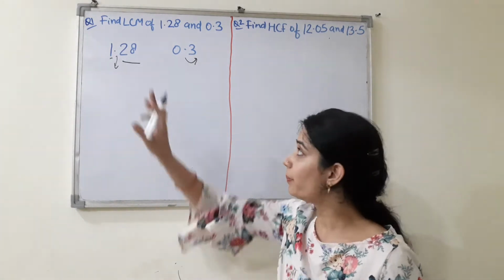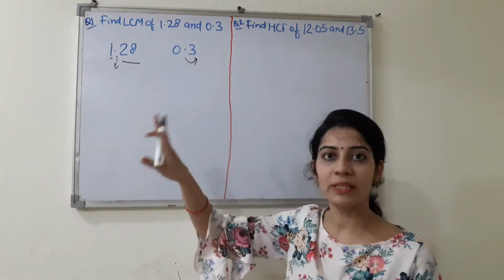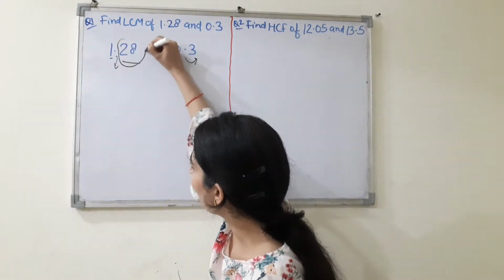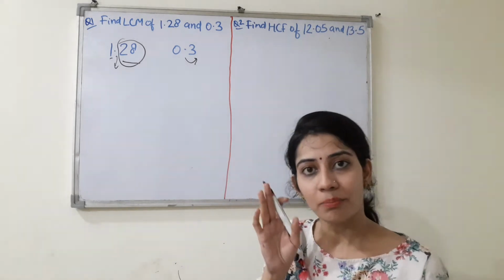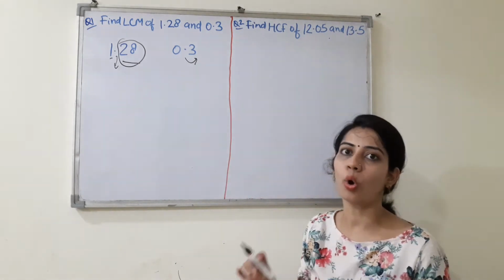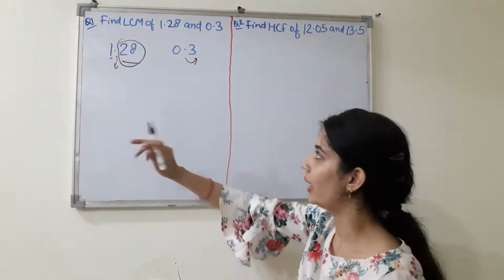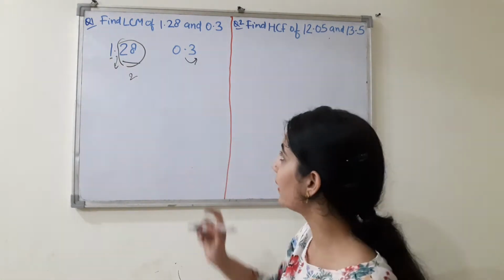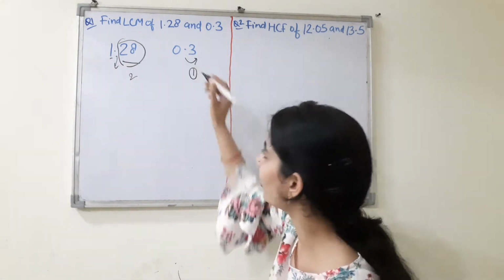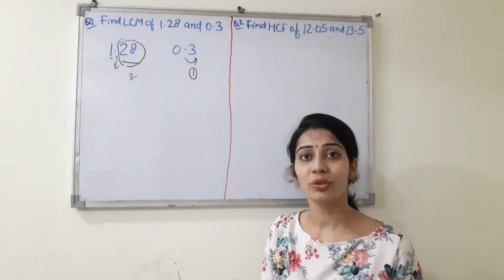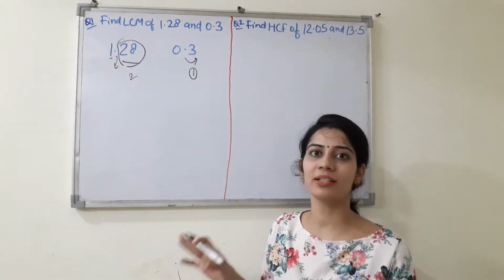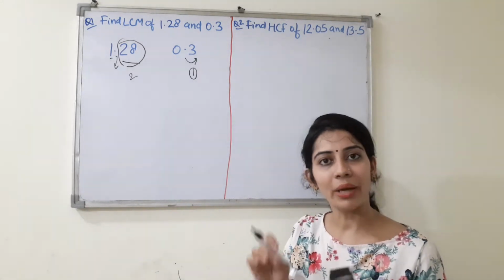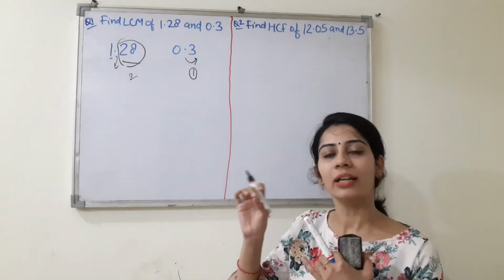So the place of decimal must be the same, which means the number of digits after the decimal must be the same in all the given numbers. Here we have 2 digits after the decimal, but here we have only 1 digit after the decimal. So the place of decimal is not the same here. So we will make the place of decimal equal.